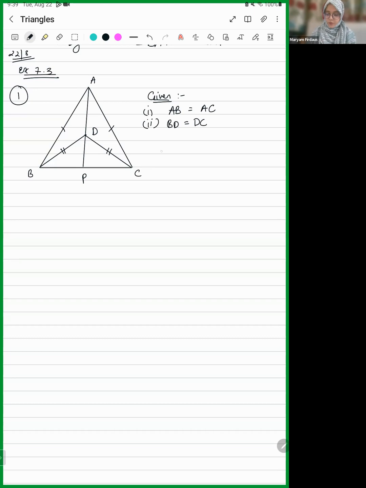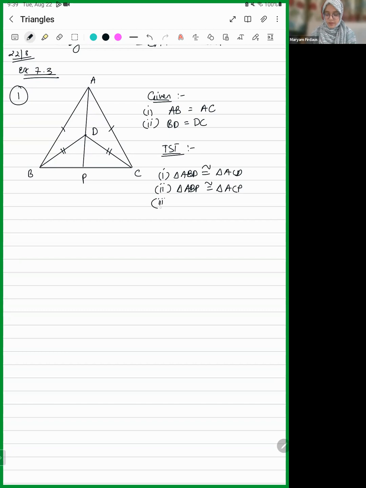The first thing you have to show is that triangle ABD is congruent to triangle ACD. Secondly, you have to show that triangle ABP is congruent to triangle ACP. ABP is this one, okay.